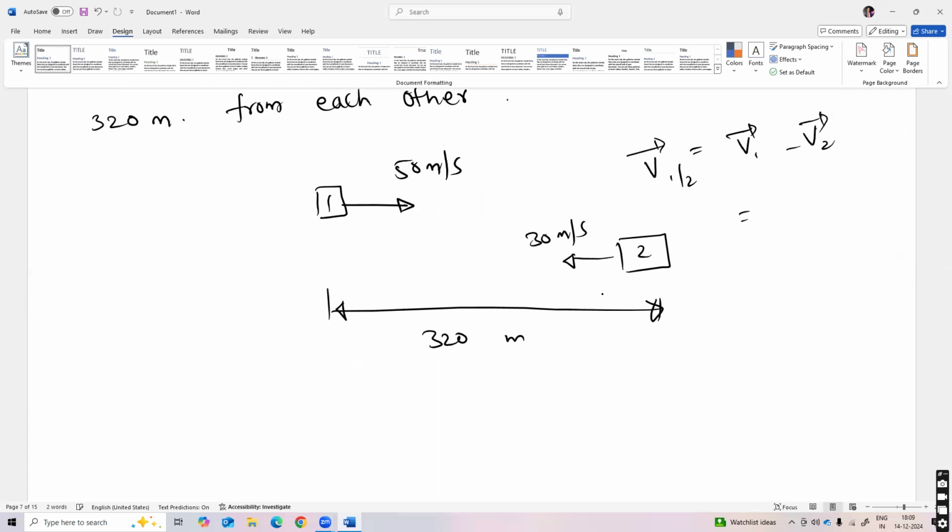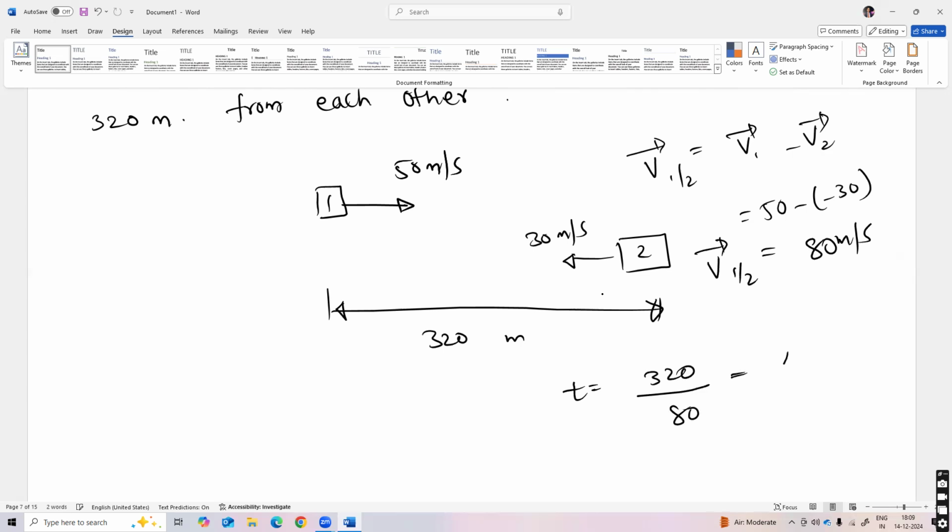So it is equal to 50 minus minus 30, because 30 is in the negative direction of x while 50 was in the positive direction of x. So we got the relative velocity of 1 with respect to 2 as 80 meter per second. So time is equal to distance upon speed, 320 upon 80, so we got 4 seconds. So after 4 seconds, those two cars will meet each other.